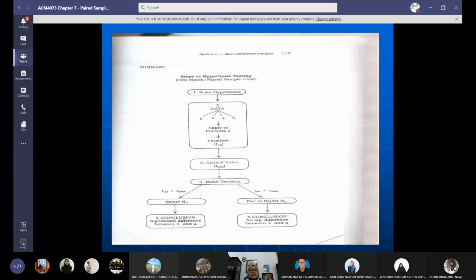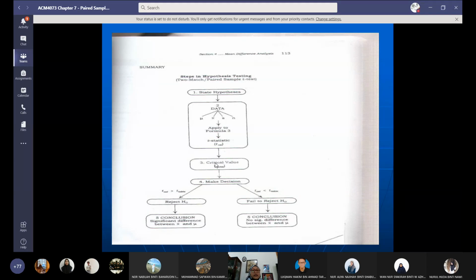These are the steps in hypothesis testing for the matched sample t-test. When you have the data, you have to find the t-cal, or t calculation. We calculate the t-cal, and then we compare it with the critical value.